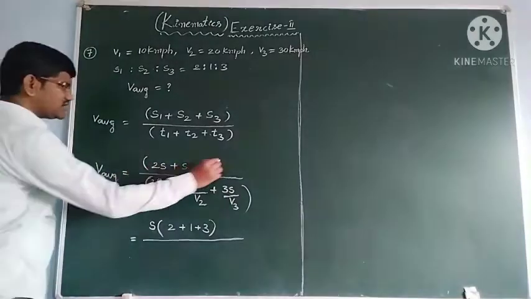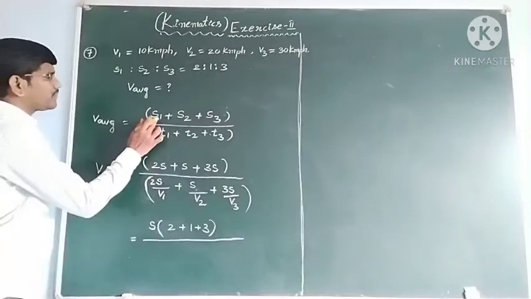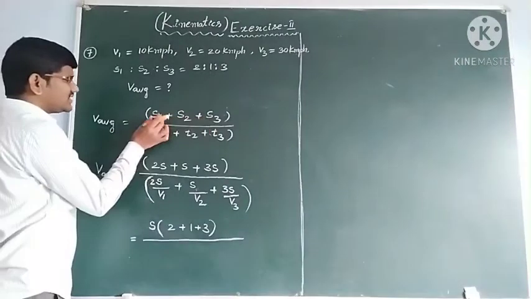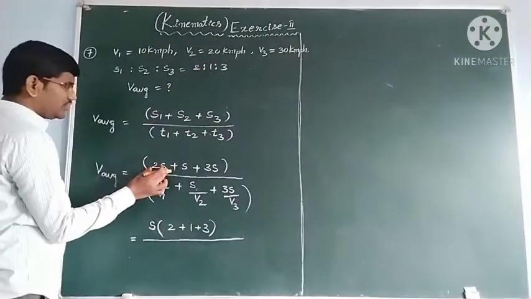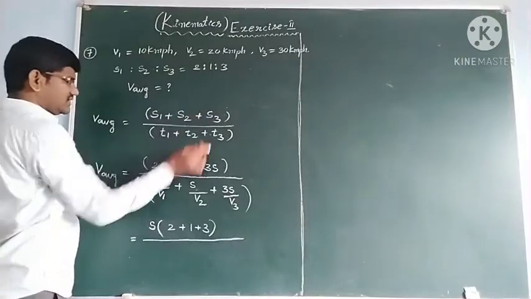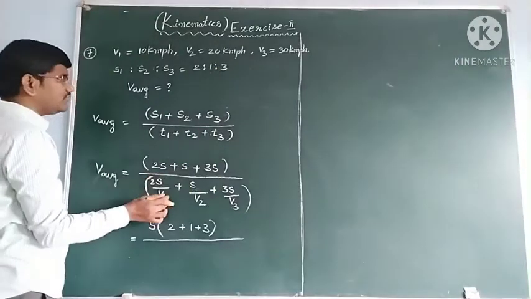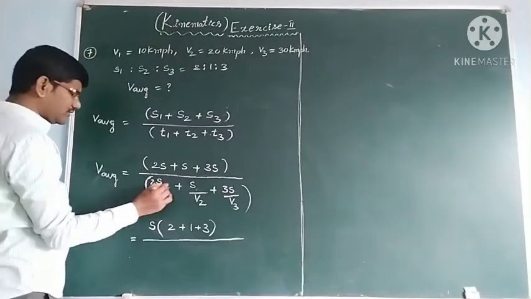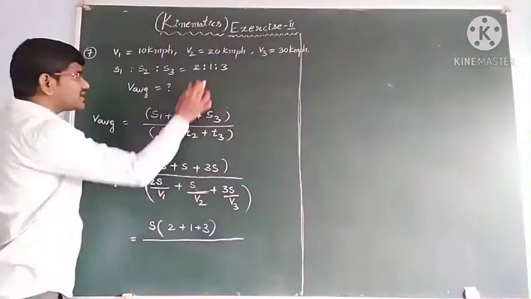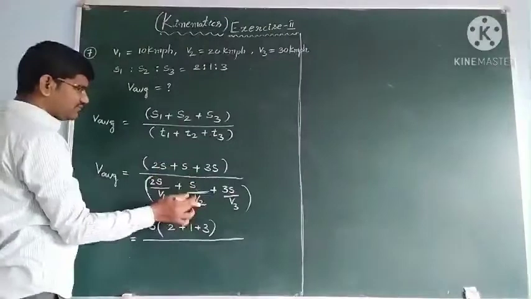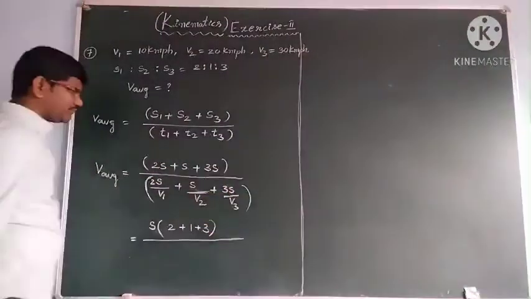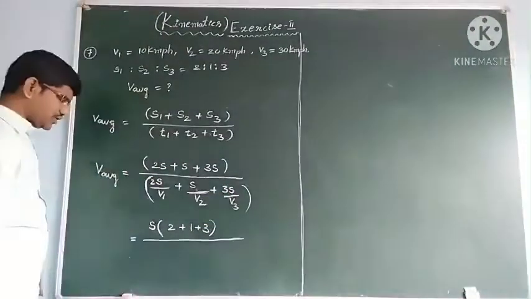Total distance is S1 plus S2 plus S3, that is 2s plus s plus 3s. By T1, S1 by V1, so 2s by V1, plus s by V2, plus 3s by V3. So this is the formula we should use.